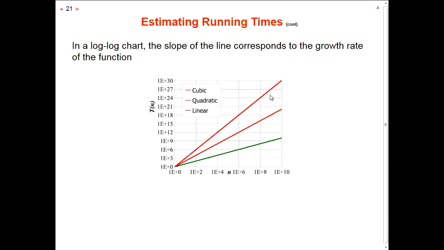And this would be cubic. 10 to the power of 8 translates into 10 to the power of 24. Now these graphs you can easily compare. You can see that on this log-log chart, a linear function grows much more slowly than a quadratic function, which in turn grows more slowly than a cubic function.